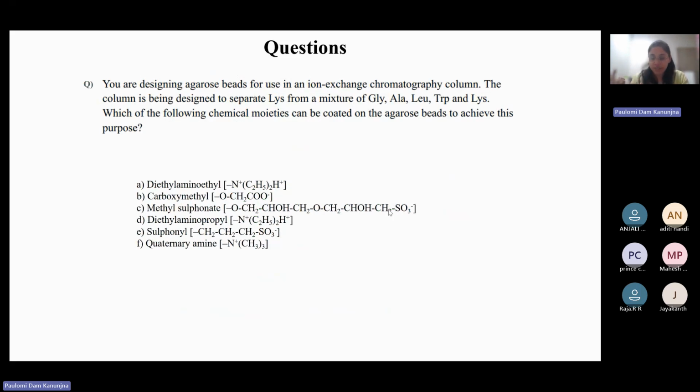One more question before I actually answer. In this setup, if you are trying to use a negative charge polymer, what type of ion exchange chromatography is this? An anion exchanger or cation exchanger? The beads on the polymer are negatively charged. So I think it is a cation exchanger, or is it an anion exchanger?